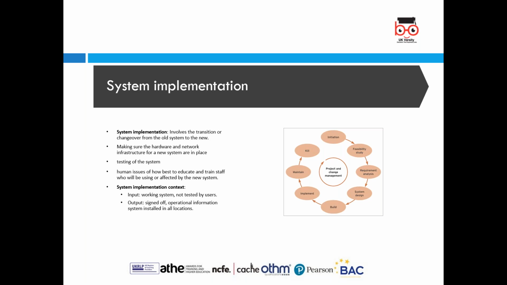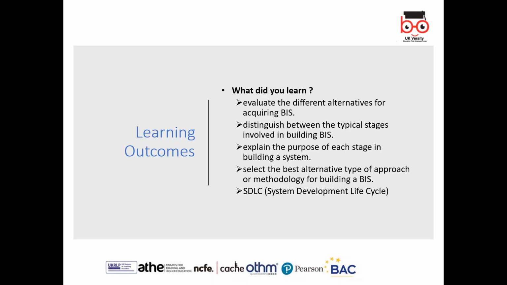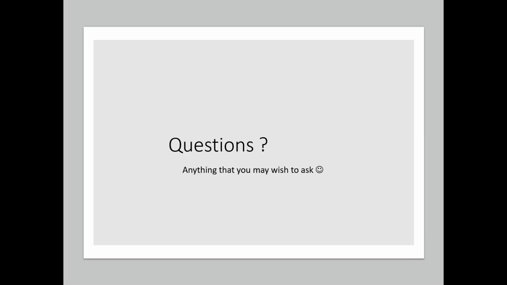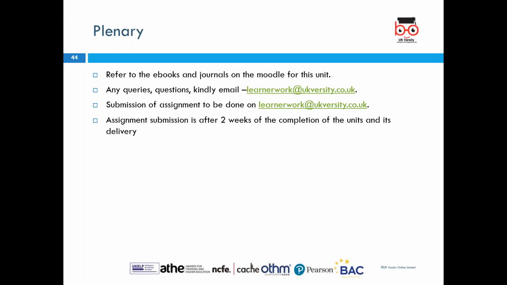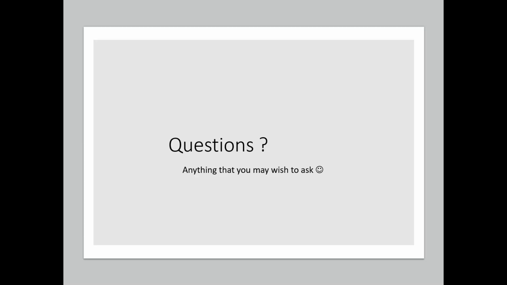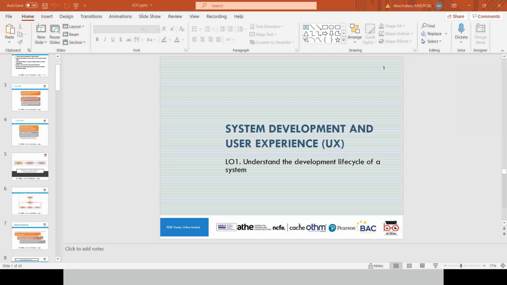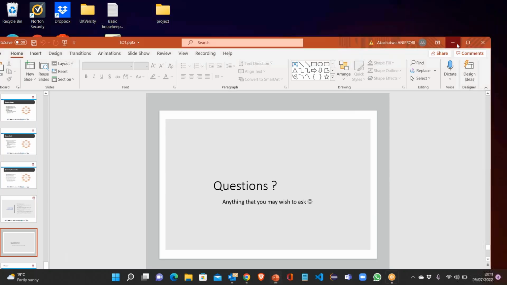So we make sure that the hardware and the network infrastructure for the new system are in place, and it involves testing of our system. And this was everything. Any questions? No. I think this SDLC process is much clearer for you now. Yeah.